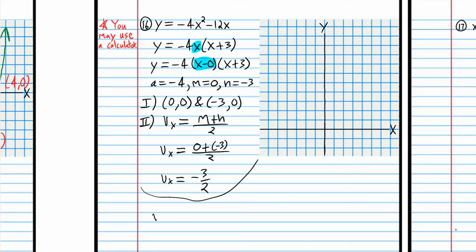So now we have to do some math, unfortunately. It'd probably be best to use that form there. So we have negative 4 times negative 3/2 times negative 3/2 plus 3. So I'm just plugging that in from here.